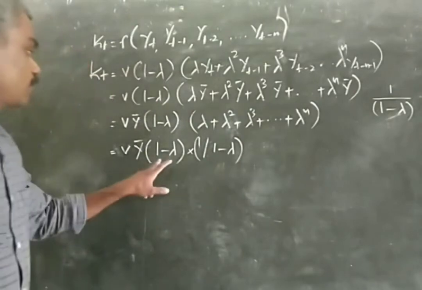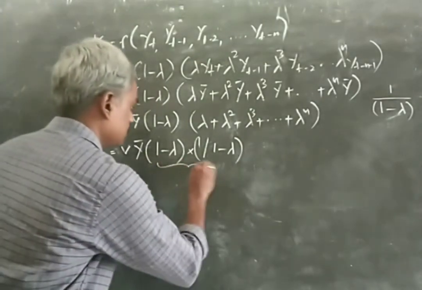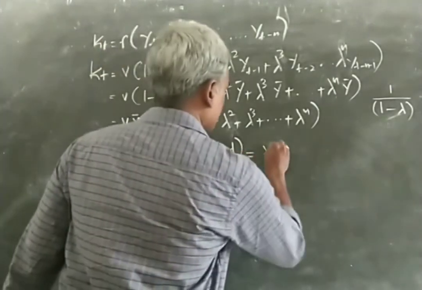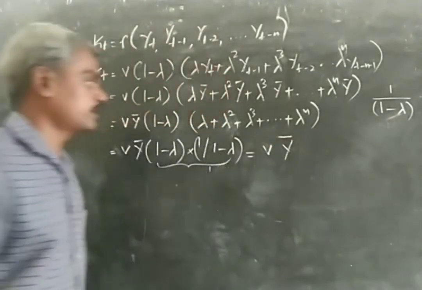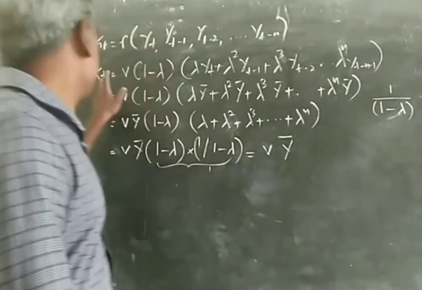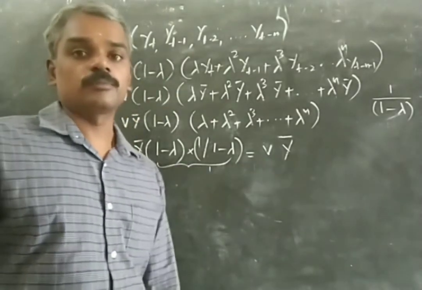Okay, 1 minus lambda into 1 by 1 minus lambda is equal to 1. This term is equal to 1, and therefore current year's capital stock becomes nu into y bar. Okay, so what we have arrived at is that KT is equal to nu into y bar.